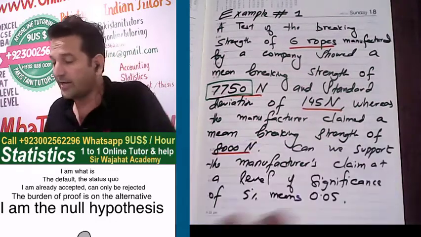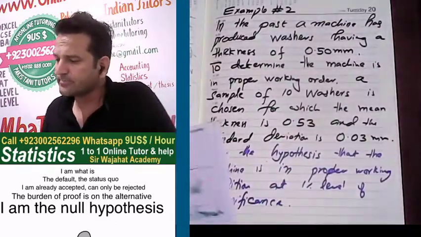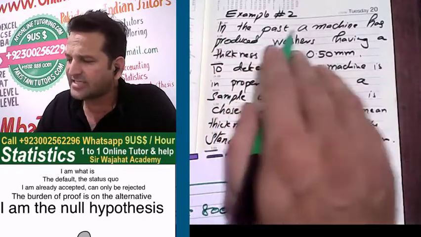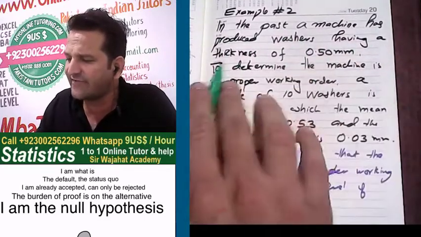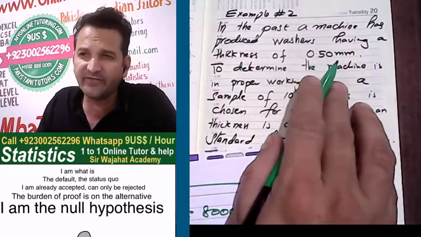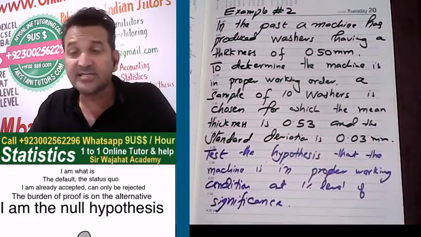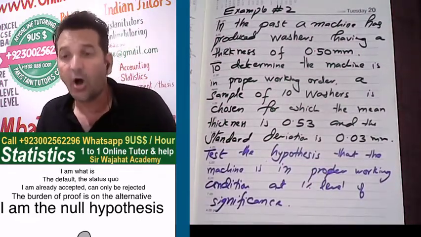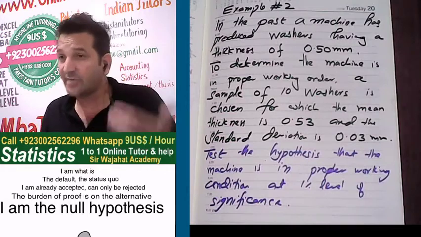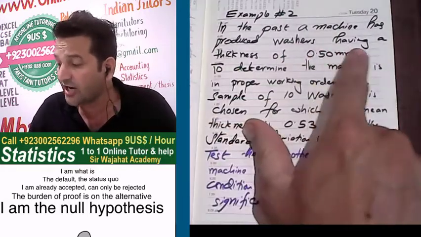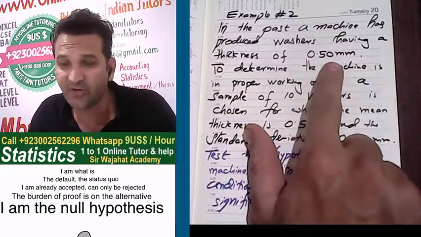Okay, now come to example number 2. In the past, a machine has produced washers having a thickness of 0.50 millimeter. This means that a machine is continuously producing, or what we are thinking, that the machine produces washers having a thickness of 0.50 millimeter.